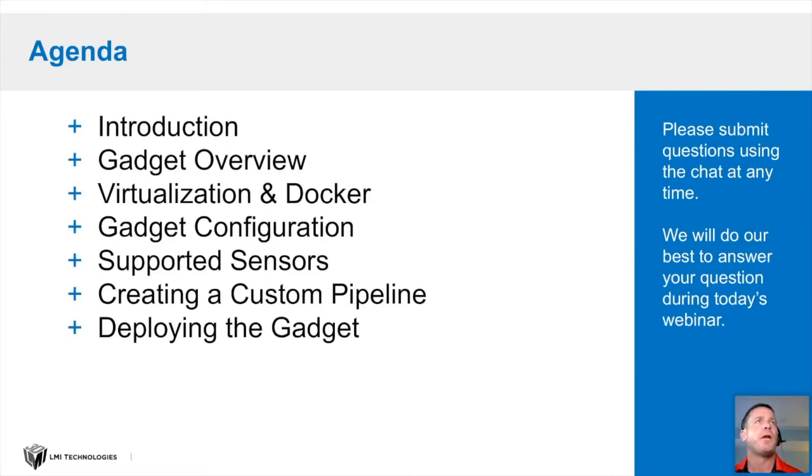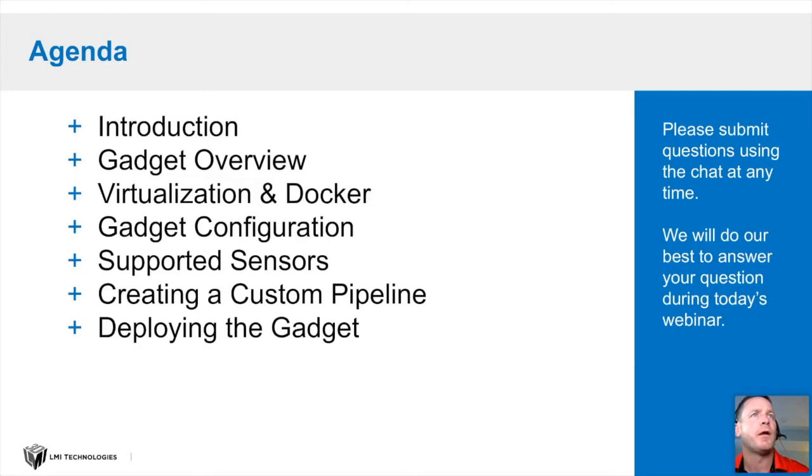So by way of introduction to this presentation, this is what we're going to cover today: an intro to the reason that we're doing this presentation today, some of the mega trends out there, and why we think this work is important. We'll do an overview of the Gadget software platform, and then a little bit of a primer on Docker and virtualization because it's an important part of the architecture.